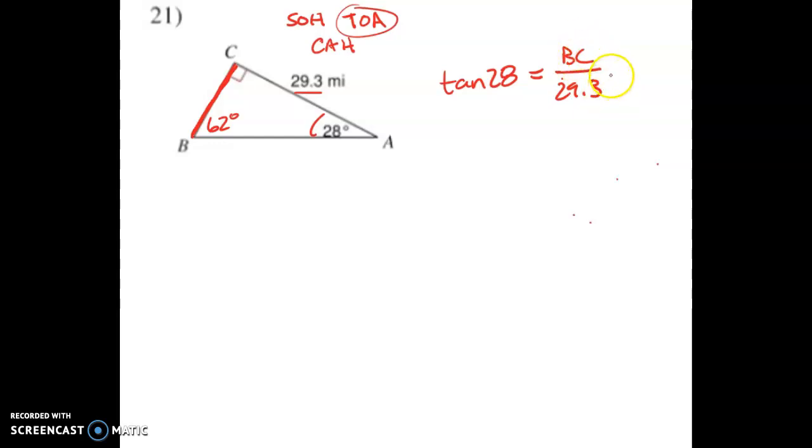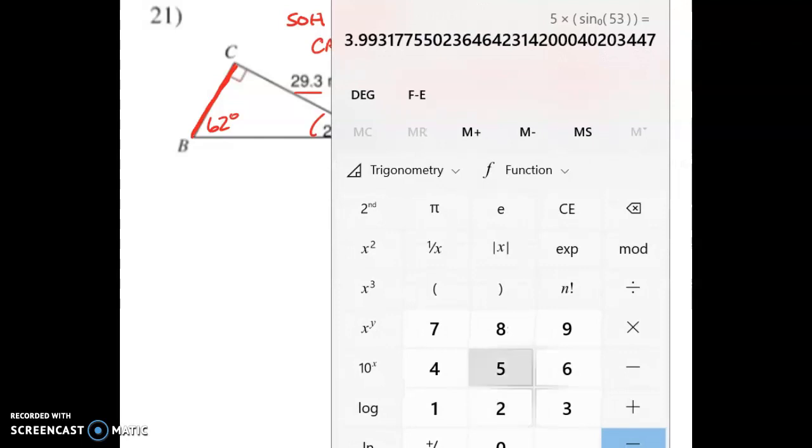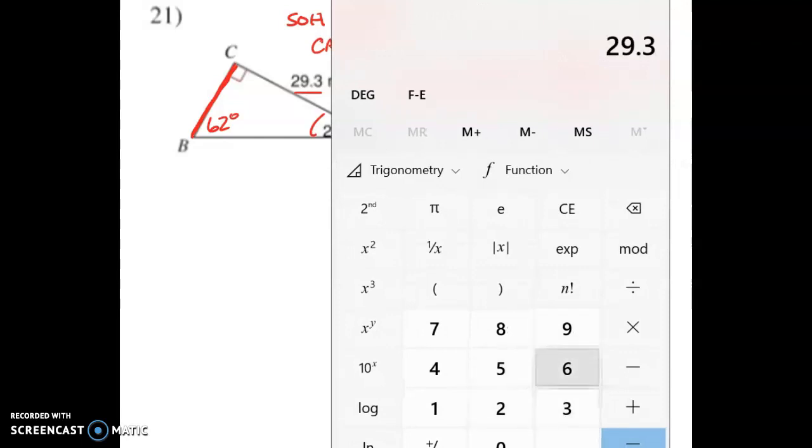Go through and solve that. I just want to get BC by itself, so I multiply both sides by 29.3. And I end up with, take out my calculator here, 29.3 times the tangent of my 28-degree angle.